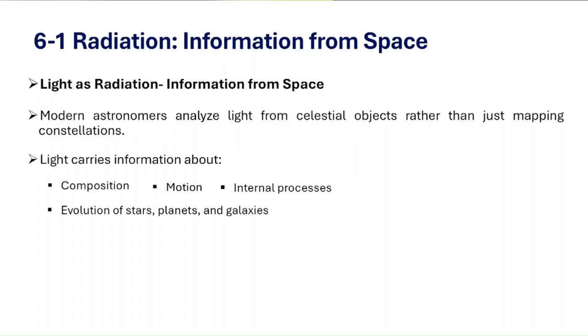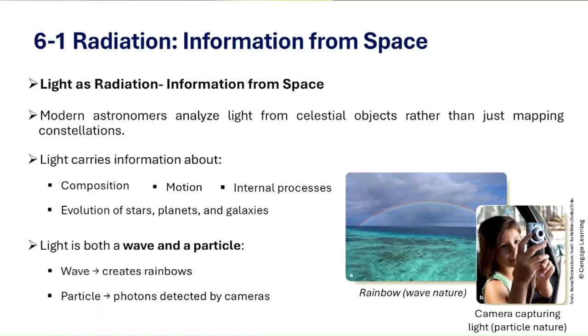You see it because light waves bend and spread into different colors. But when light hits a camera sensor, it behaves as particles called photons, creating an image. So this dual nature is called wave-particle duality, and it's essential for understanding how telescopes and detectors work.